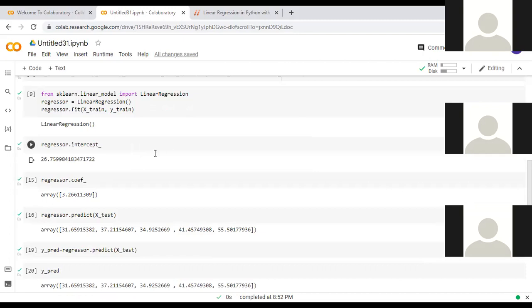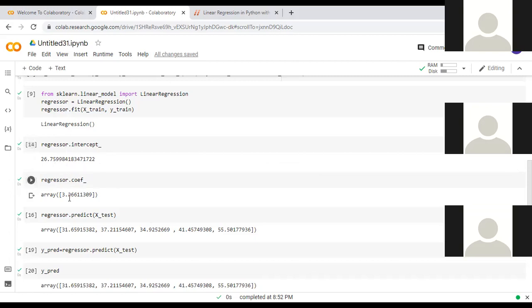Now, when the linear regression is created, I have to evaluate the intercept of the model. I just write model.intercept_, and I get the intercept. The intercept takes place at a value of approximately 26.76.